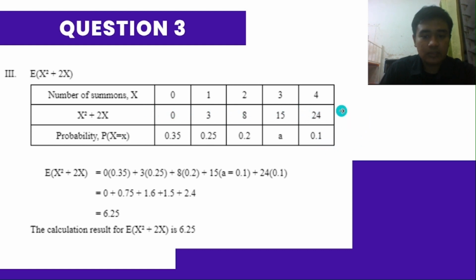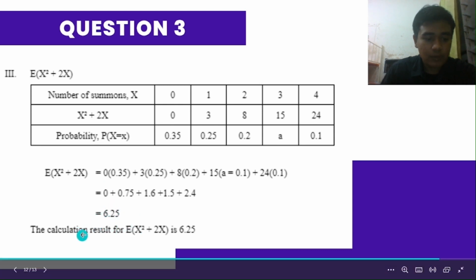We get the correct amounts, and we just need to sum all of them up. We get 6.25, which is the calculation result for E(x power of 2 plus 2x): 6.25.